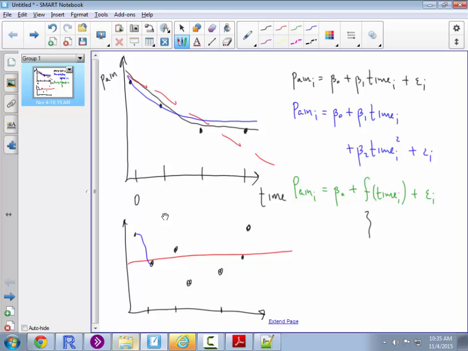So it allows it to be flexible, like that. And then how many degrees of freedom you use allows me to limit how wiggly the function gets.